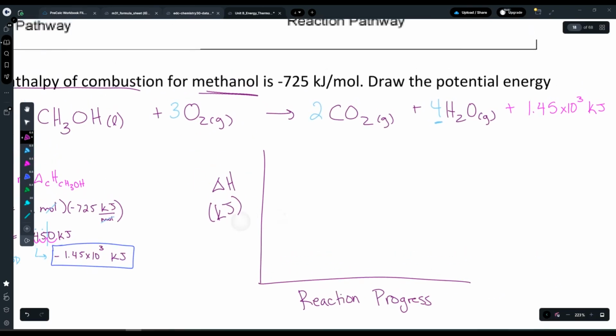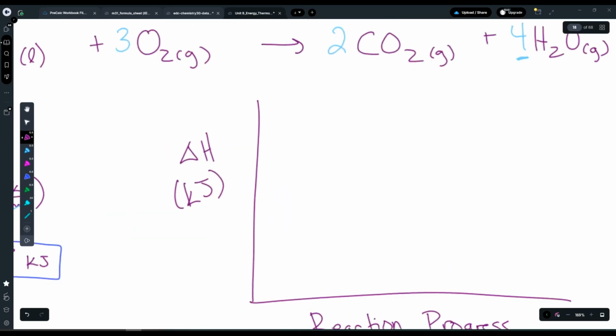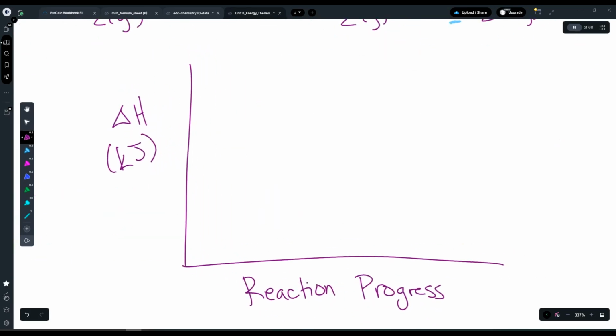Now, since this is an exothermic reaction, and I can tell that because our energy term is on the product side, but also because combustion reactions typically are going to be exothermic. Okay, so what that means is if my reaction is exothermic, my reactants have more potential energy than my products.